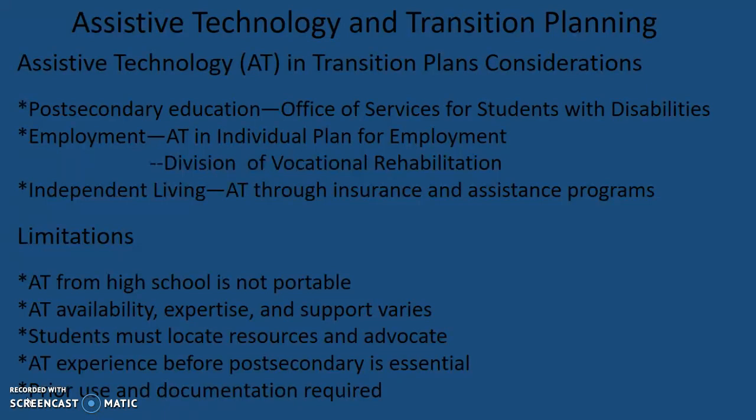Assistive technology experience before post-secondary environments is essential so that they will have the training and experience with the assistive technology and any documentation that may be required for them having access to it once they leave high school and are no longer under the IEP.